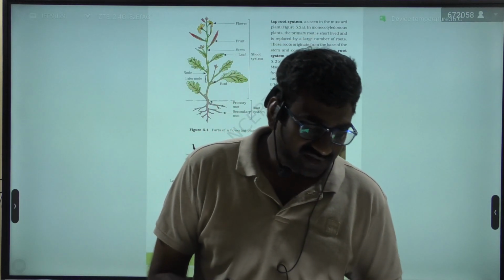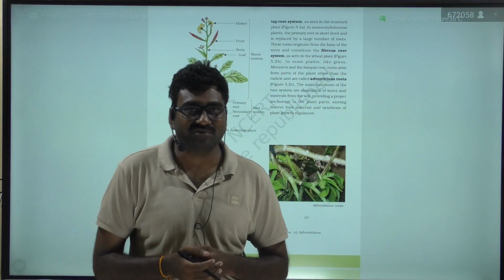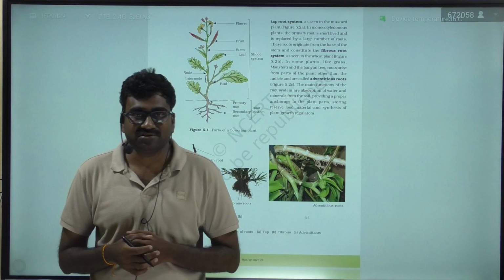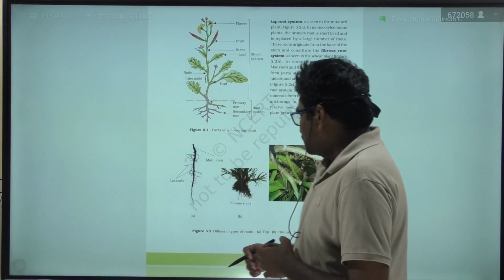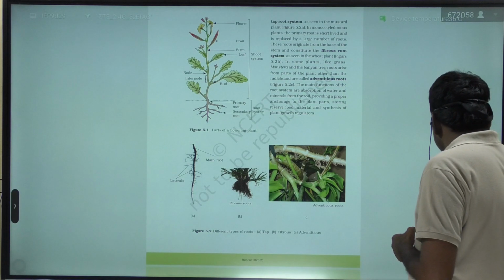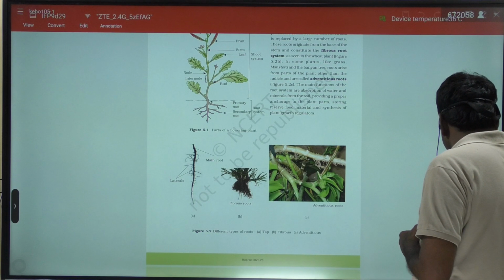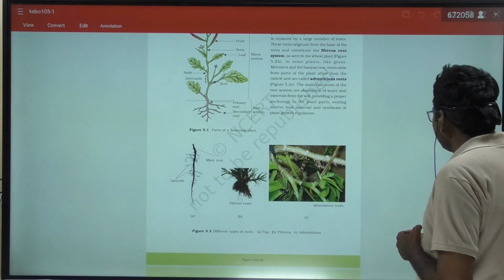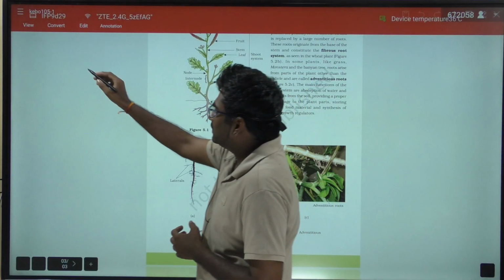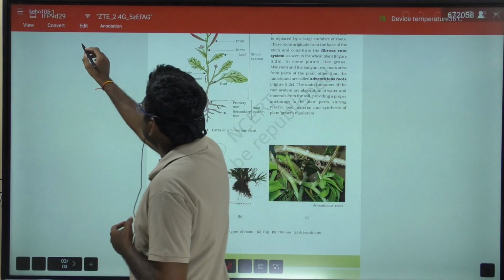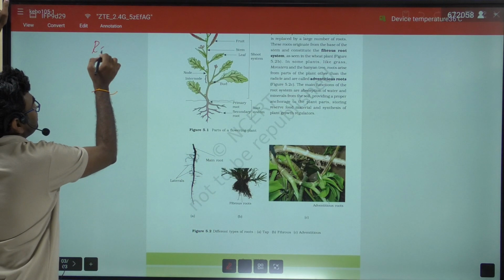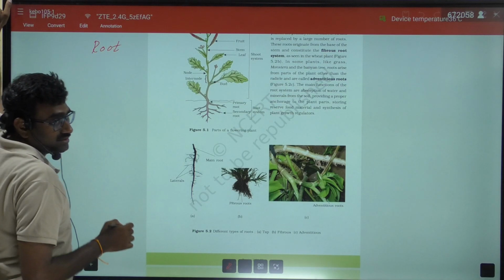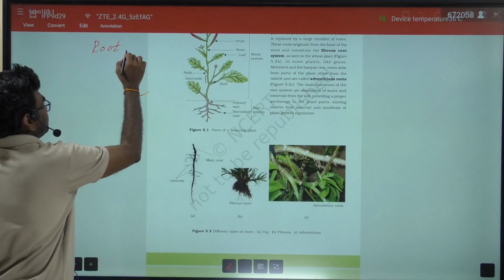So we have different types of root modification. Now let us discuss what all the modifications are. So what do you mean by root modification? Root modification is nothing but the root is modified to perform different functions other than their main function.